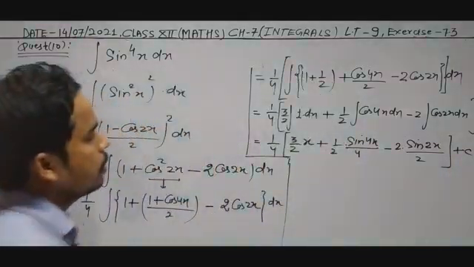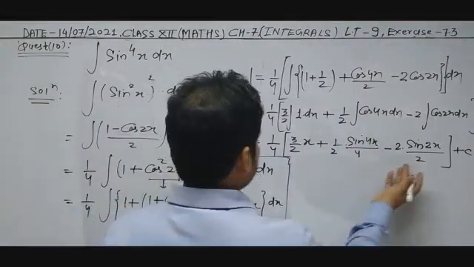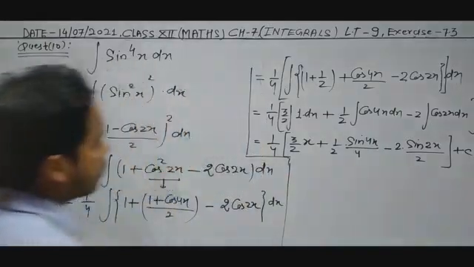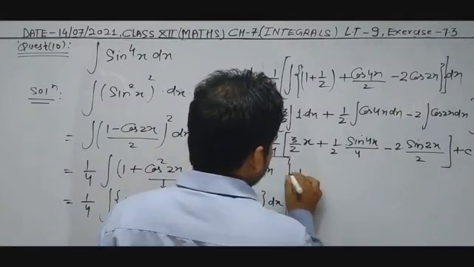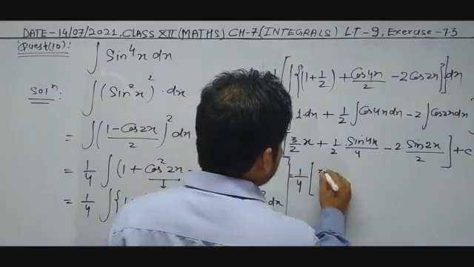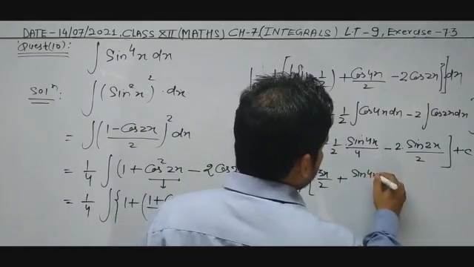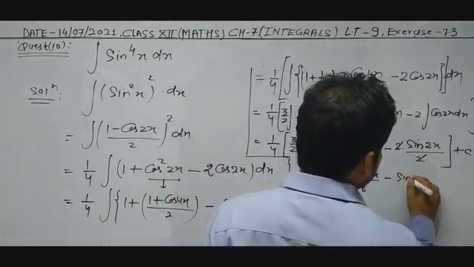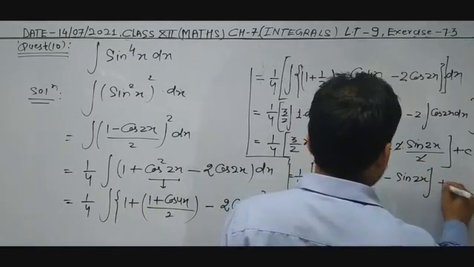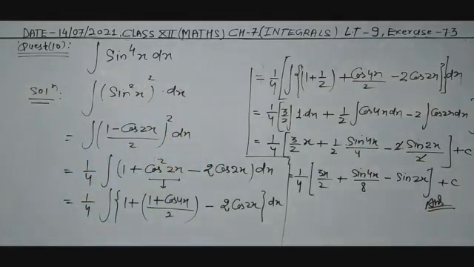So this is the calculation, and now you can solve or take 2 common. So what will be the answer? You can write this answer: 1 by 4 in bracket, 3x by 2 is here, and this is sine of 4x by 8, and 2 will cancel out, so the result will be sine of 2x, now plus c. This is the answer. Now question number 10 is completed.